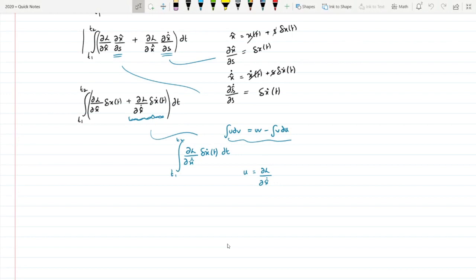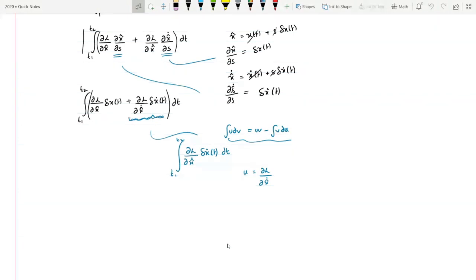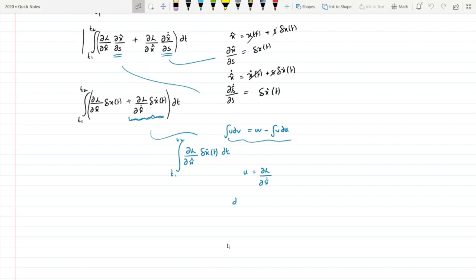So du, when I take this, can you guys hear me? Okay, all I've done so far is take u to be this thing, and I've differentiated it with respect to time.